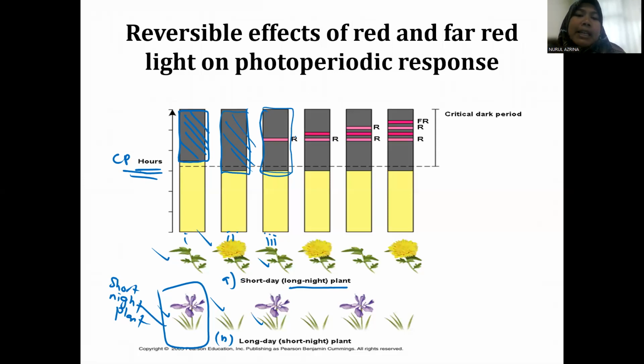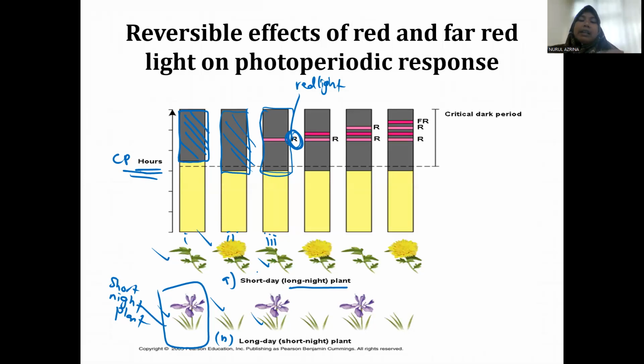But once it is given a flash of red light, R here stands for red light, you can see what happened. Plant A is not flowering because the flash of light interrupts the continuous dark period. So the continuous dark period becomes shorter, so the plant will not flower. But plant B is flowering.